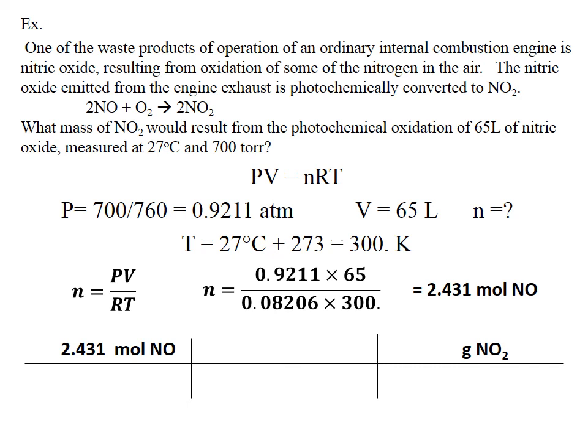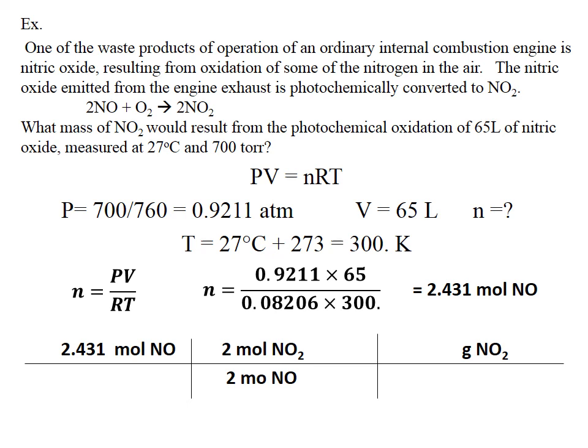We look at the mole ratio of nitrogen dioxide to that of nitric oxide. It's a 2 to 2 or a 1 to 1 mole ratio. So we have 2 moles of nitrogen dioxide and 2 moles of nitric oxide.